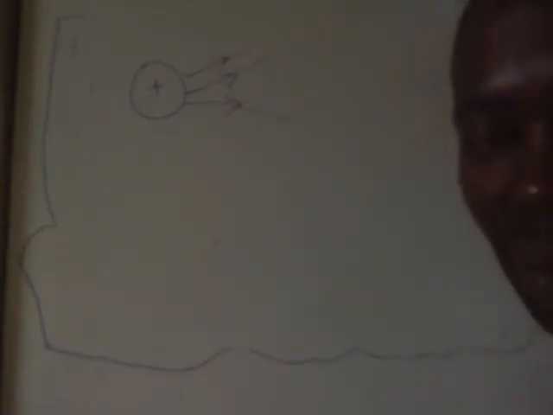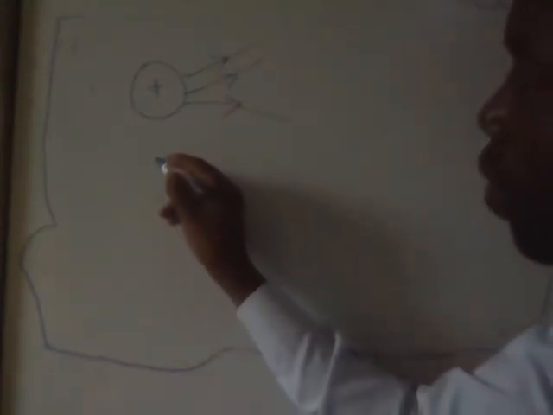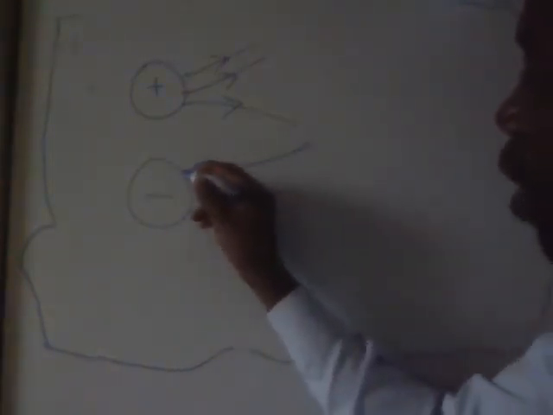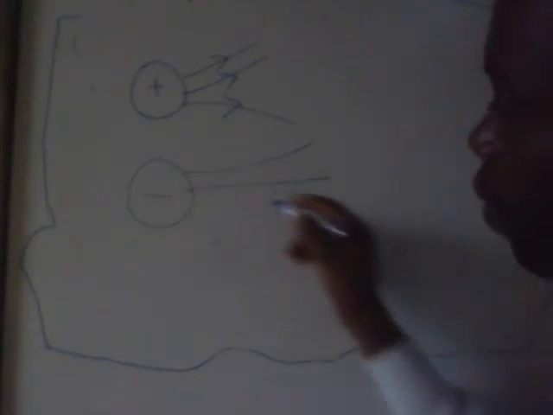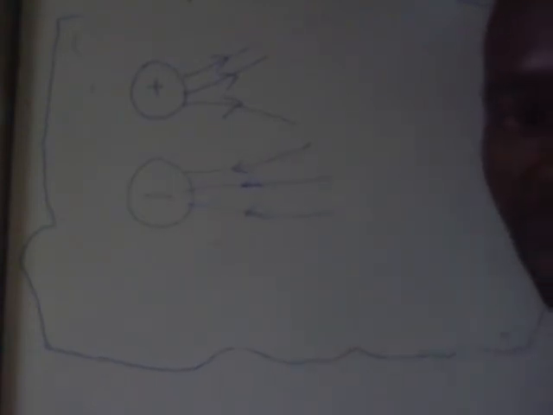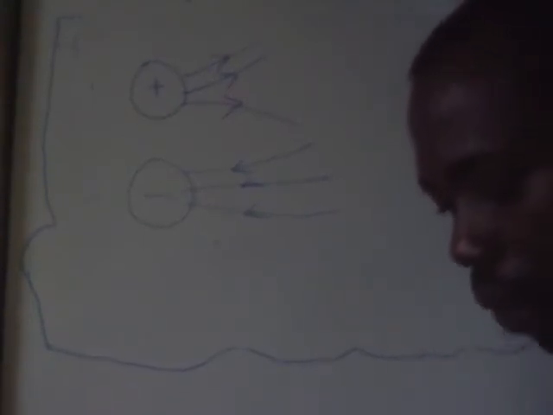Electric lines of force are directed outward for a positively charged body. For a negatively charged body, electric lines of force enter. Look at the arrows. So let's look at option A.